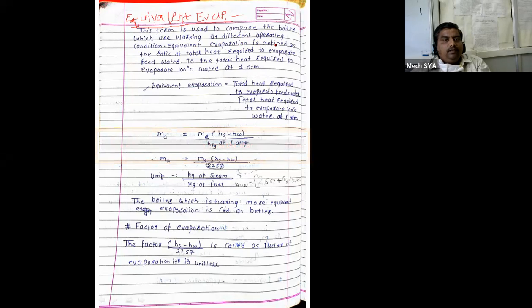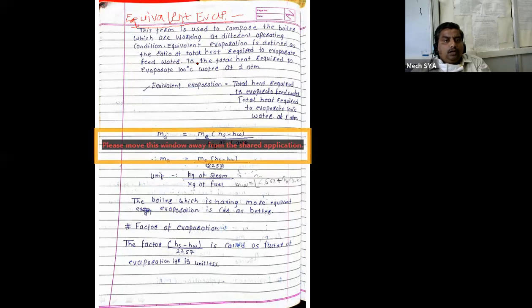So equivalent evaporation is defined as the ratio of total heat required to evaporate feed water to the total heat required to evaporate 100 degrees Celsius water at 1 atmosphere.